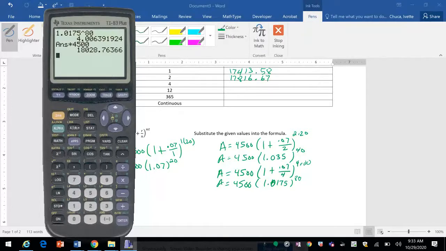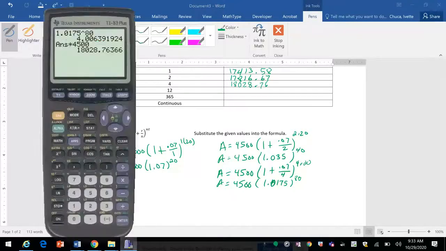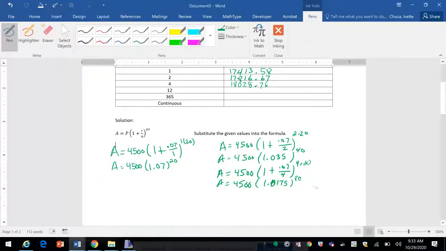So we get 18,028. So 18,028 with 76 cents. Again, make sure that you are rounding to 2 decimal places for cents. So we continue the process.